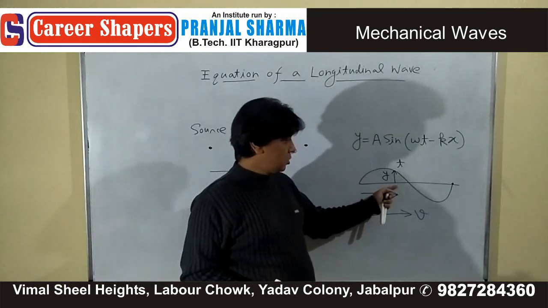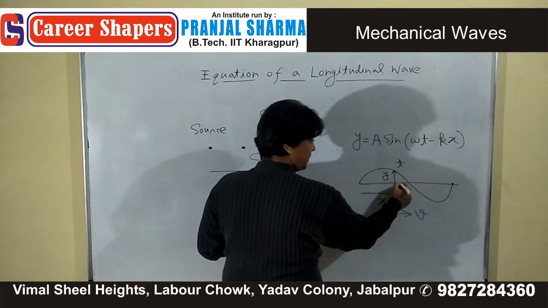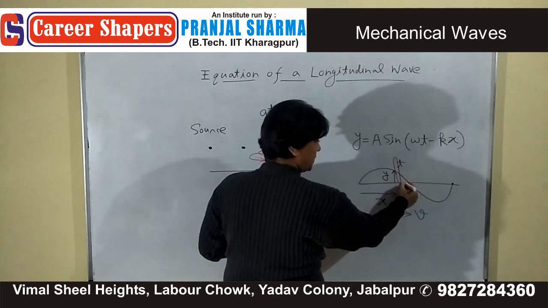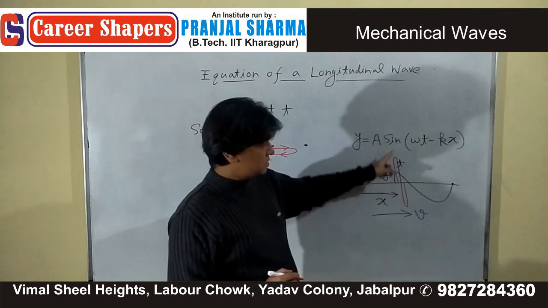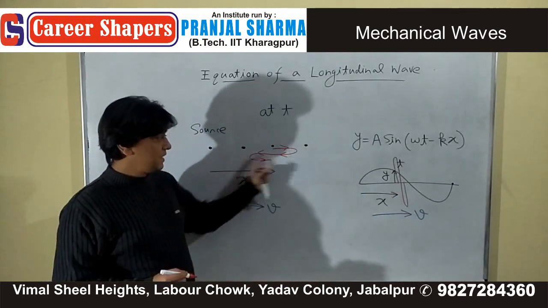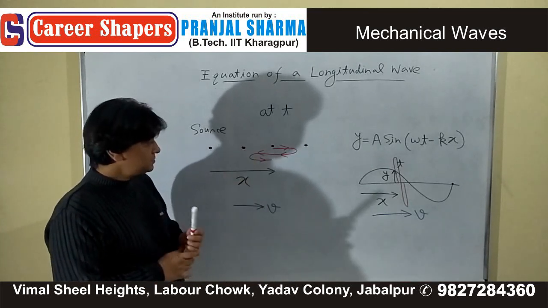Whereas over here, this particle is executing simple harmonic motion in this form. It goes up, comes back down, and moves to the same position. That's how it oscillates in transverse waves. That's how it oscillates in longitudinal waves.